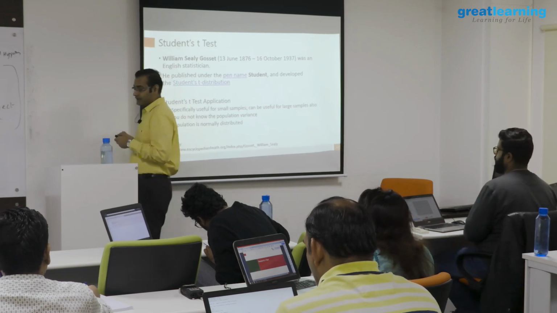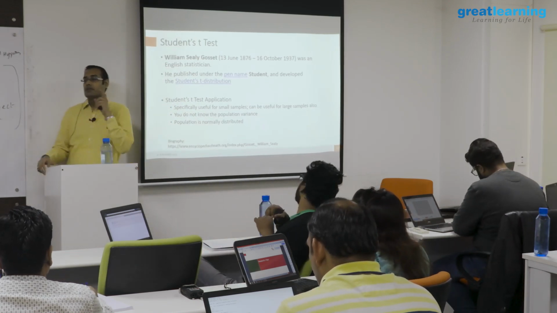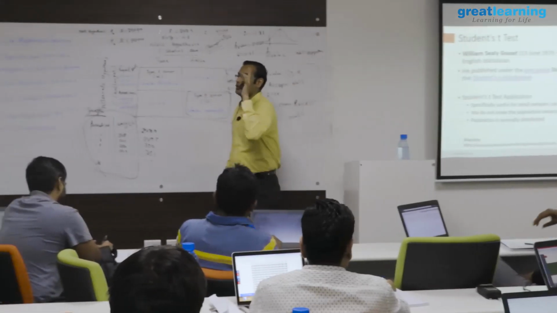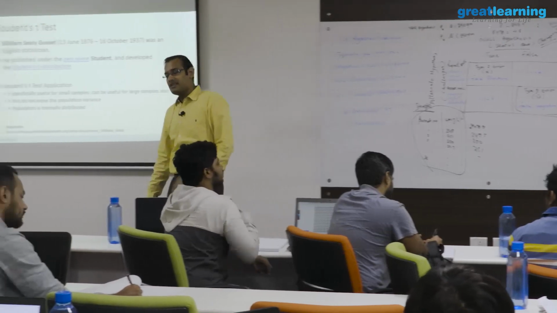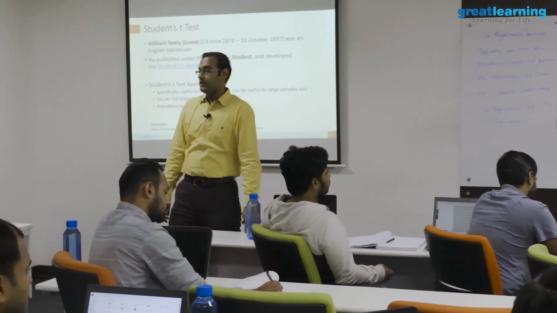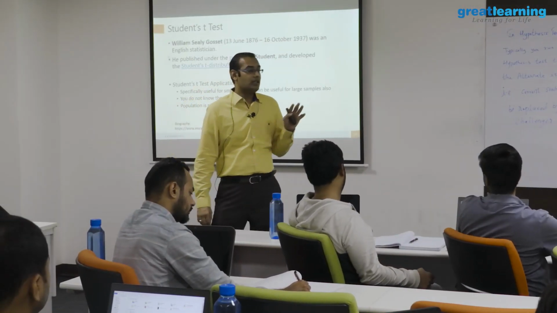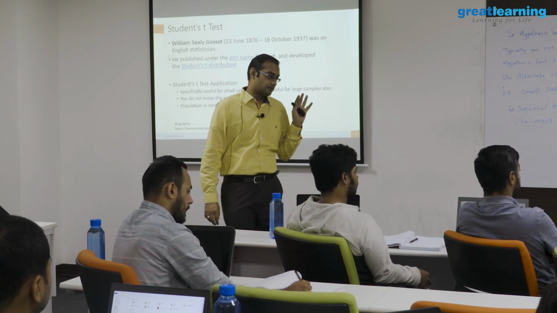The key underlying assumption is that the population is normally distributed. The student t makes the assumption that the population is normally distributed. Okay.